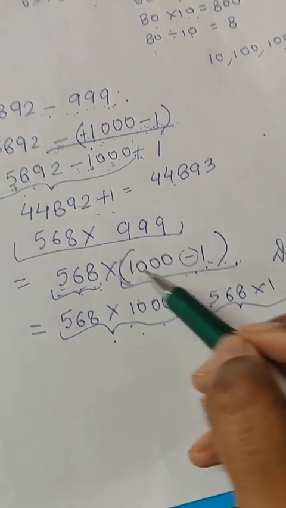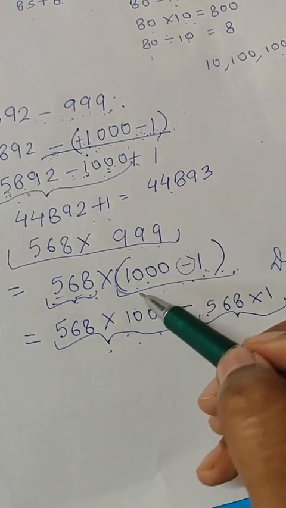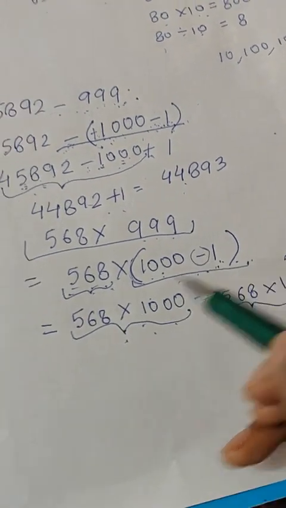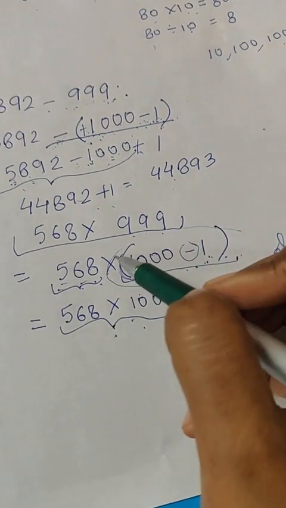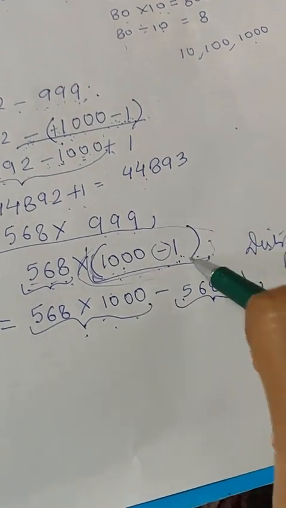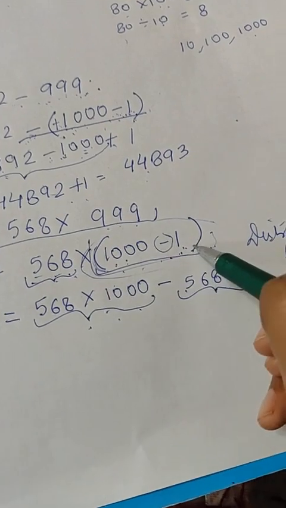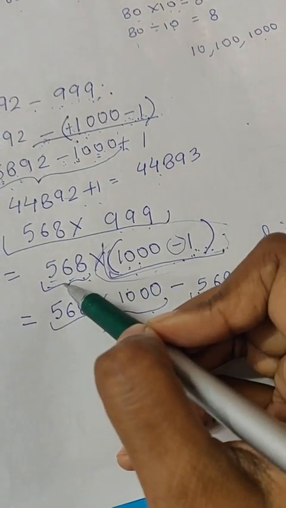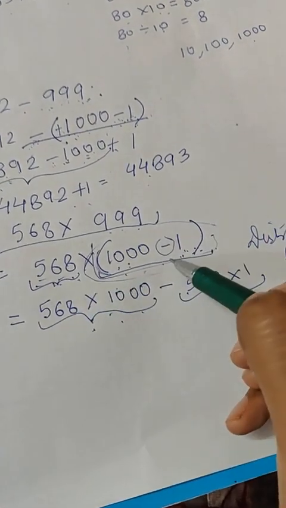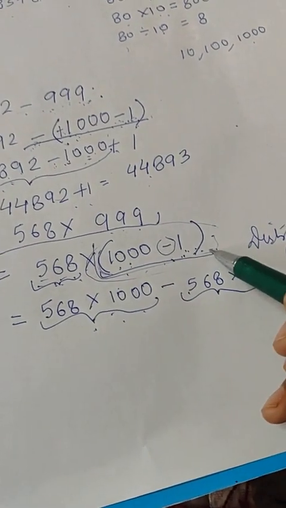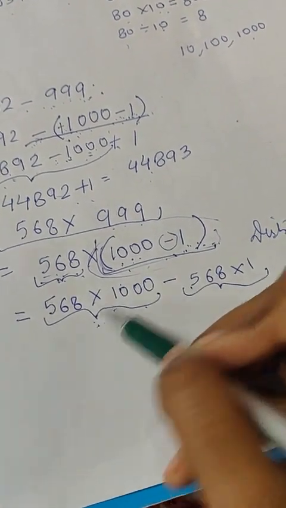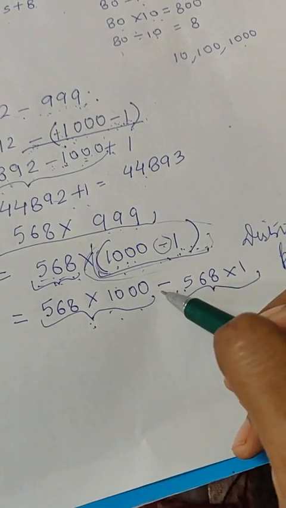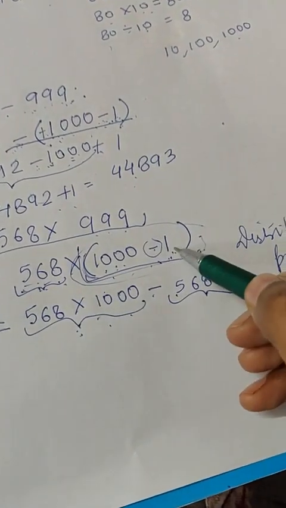I would repeat, 999 is written as 1000 minus 1, and this is distributive property. Imagine this is a house where people are living. There are two persons inside the house, 1000 and 1, and 568 is the guest. Now when the guest enters the house, he meets both the people. So 568 will shake hands with 1000, and you will put the minus sign the way it was, and 568 will again meet 1.